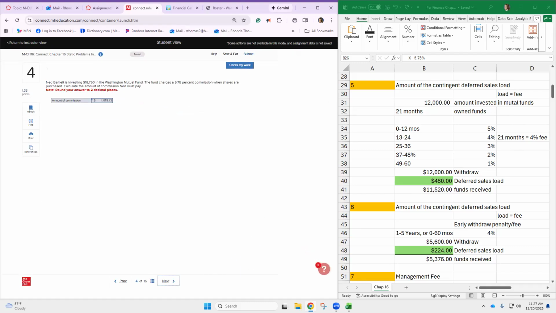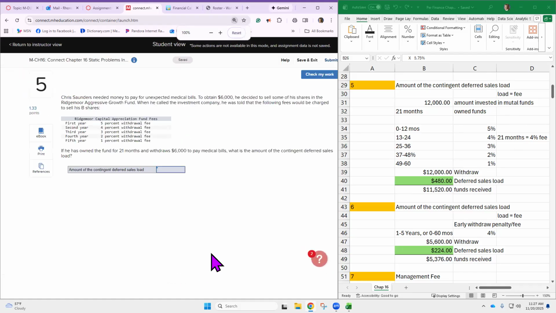Number 5. Okay. All right. This says, now some funds, you start your account just like those last two problems did. One started an account for 15,000, the other one did 18,750. Some funds, once you start them, there's paperwork involved. Quite a bit of paperwork.